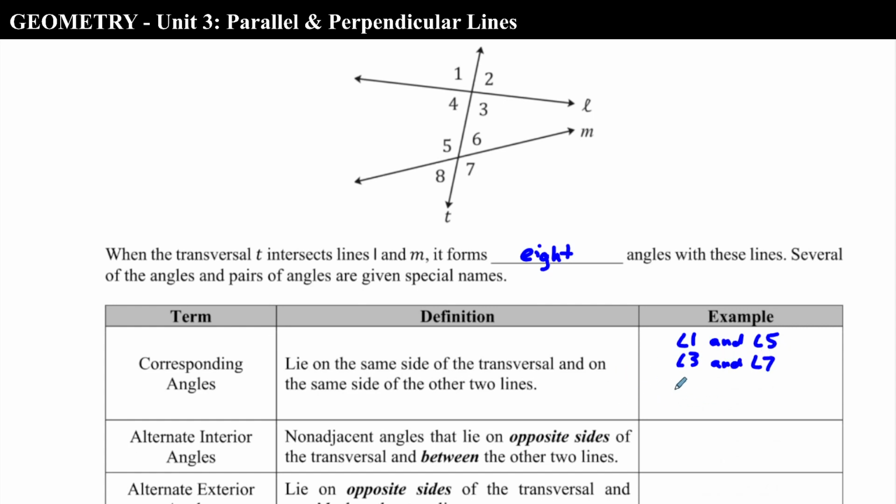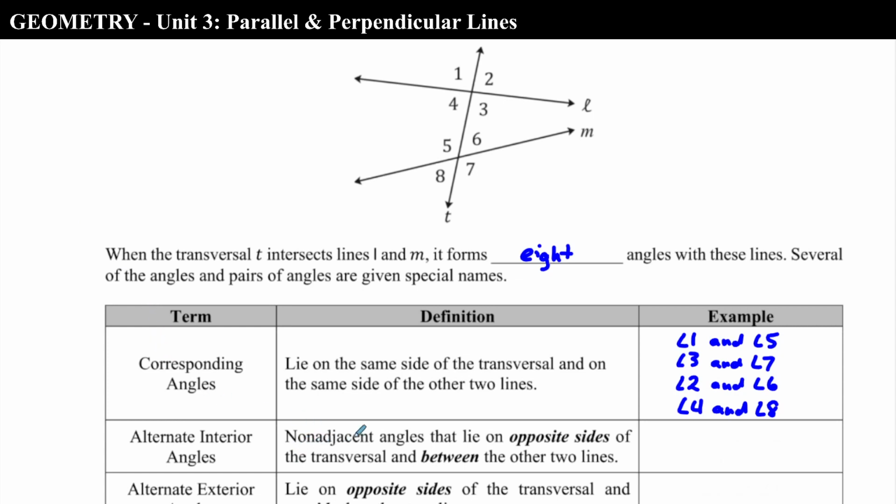Angle 2 and angle 6. And angle 4 and angle 8. I like to say they are in the same slot. Upper left, upper right, and so on.